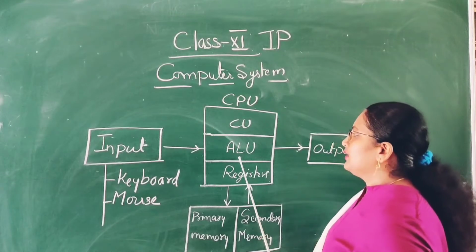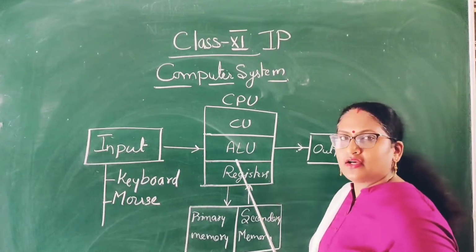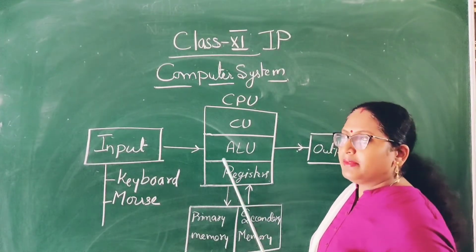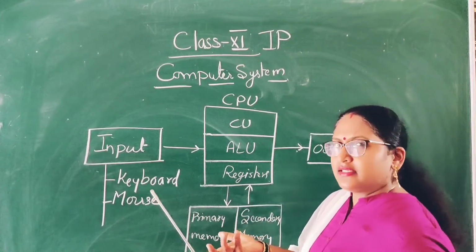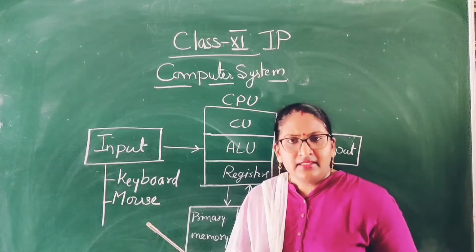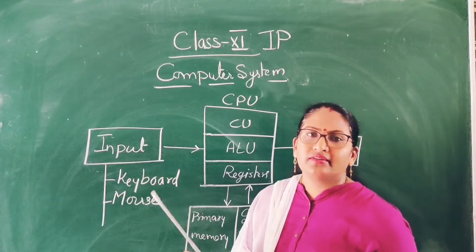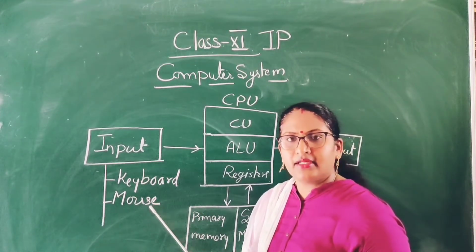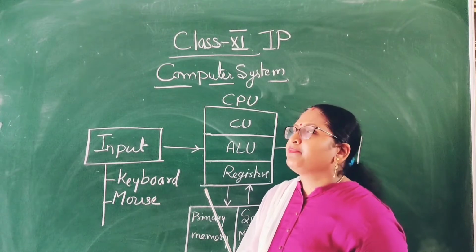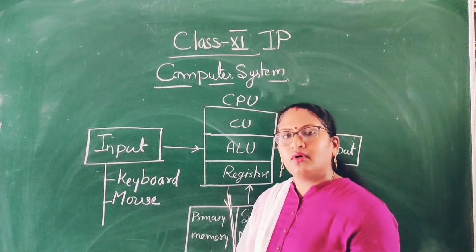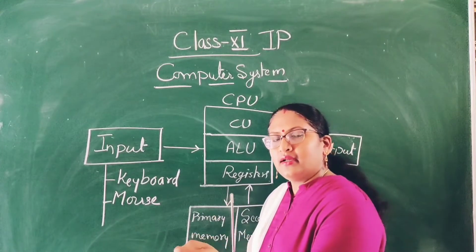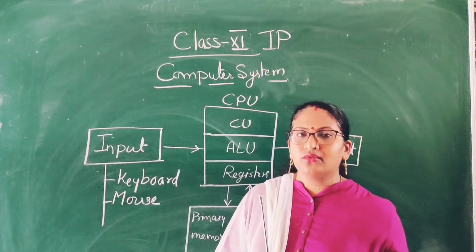Next is your ALU. ALU means arithmetic logic unit. Arithmetic means plus, minus, multiply, divide. So these are the arithmetic operations. Suppose I say I want the list of those children who are coming from sector 10 but not from sector 2.